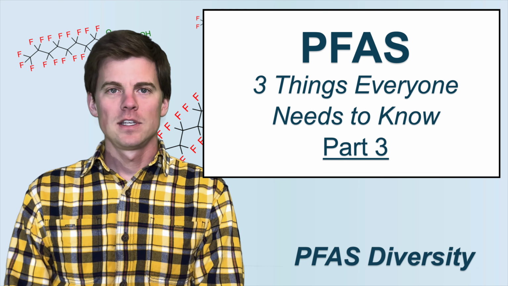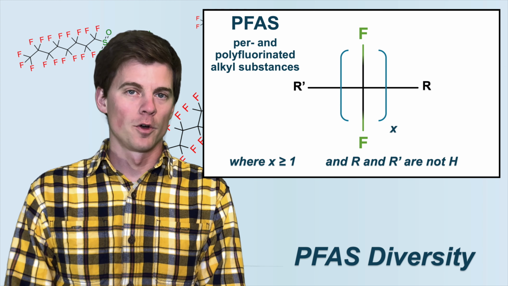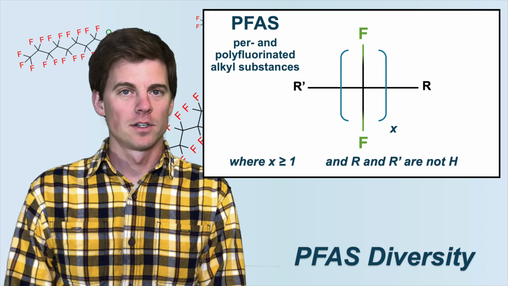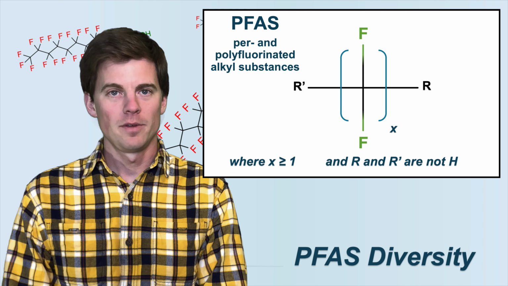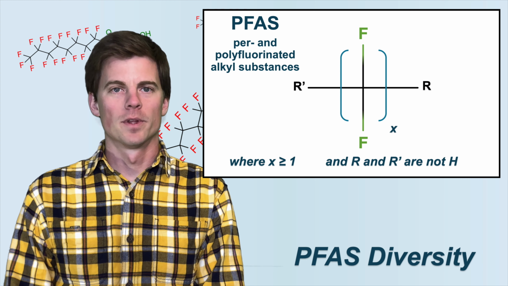So if PCBs are complicated because there's 209, PFAS is on a different scale. It's not even on the same scale, because this basic structure of PFAS, meaning that at least one carbon is fully fluorinated, as long as these 2 R groups aren't hydrogen, this would be considered a PFAS. It's an alkyl, fully fluorinated carbon there.